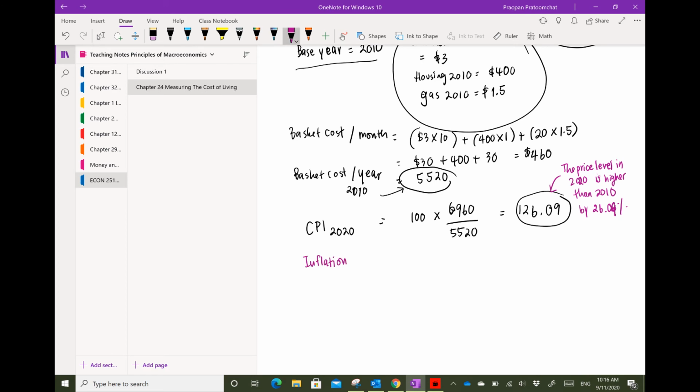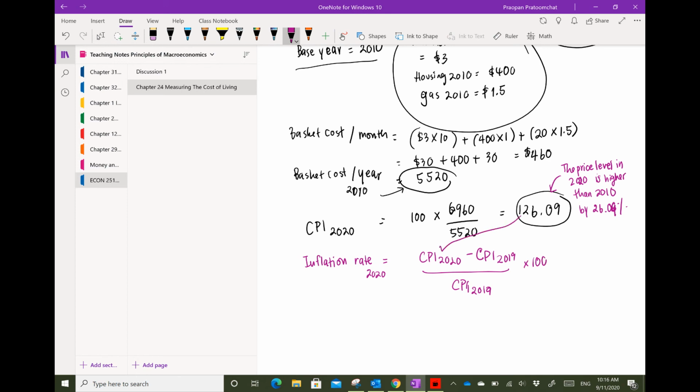Or if you want, you can calculate the inflation rate. And normally the inflation rate comes from when you compare to the previous year, right? The inflation rate of 2020 is CPI 2020 minus CPI 2019 over CPI 2019 times 100.